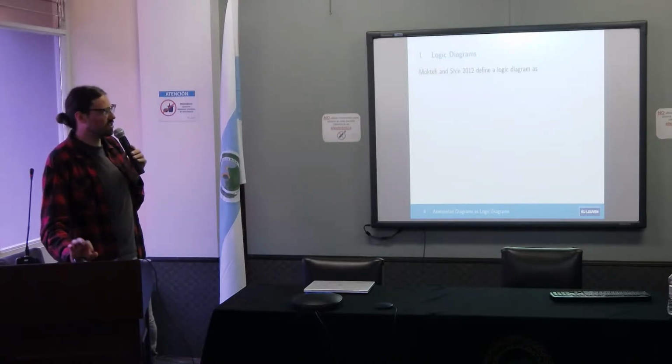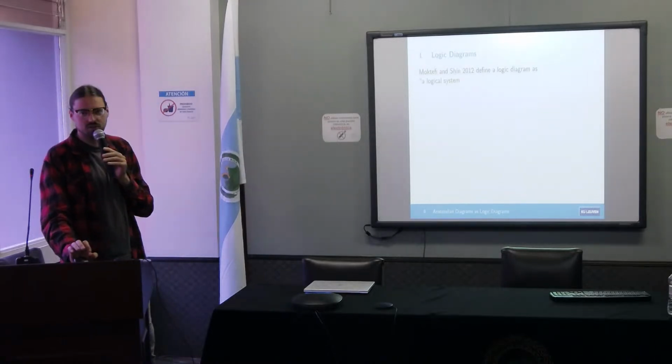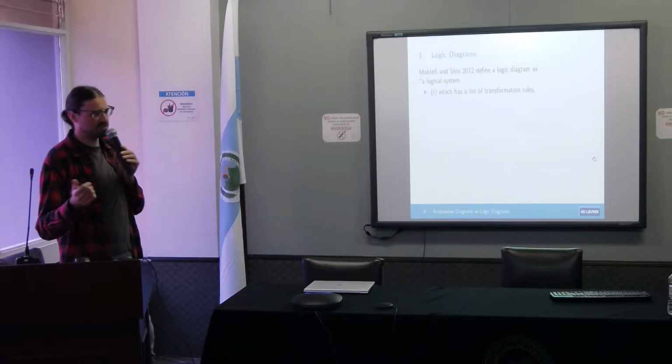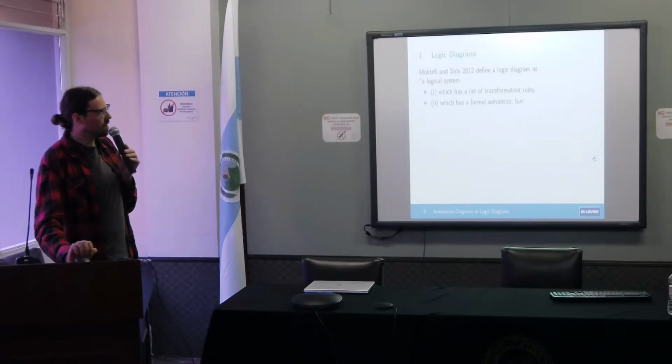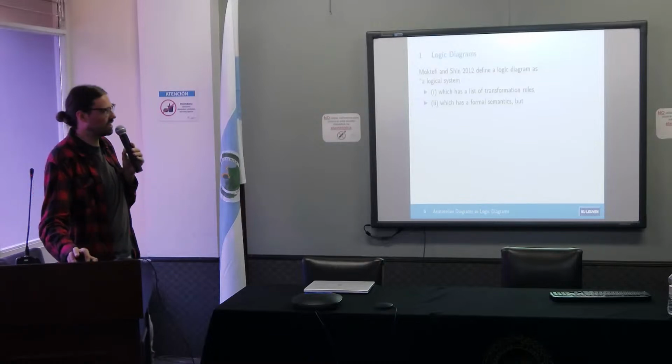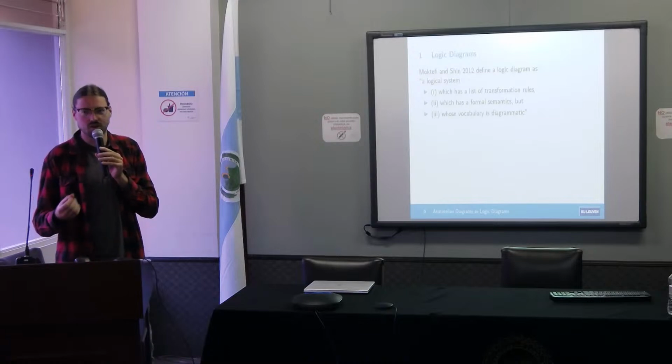They define a logic diagram as a logical system, so a logic, which has a list of transformation rules, a form of semantics, like any logic, but the thing that's different from a regular logic is that the vocabulary of a logic diagram is diagrammatic.